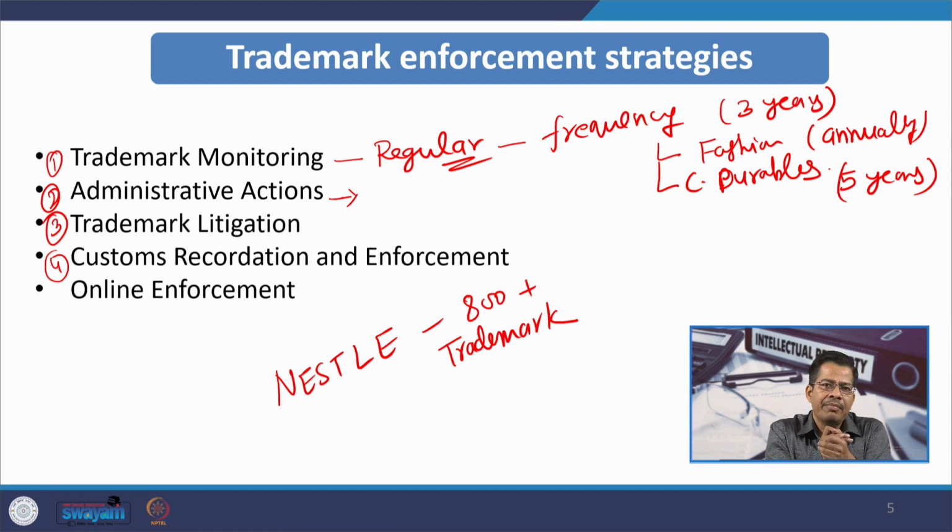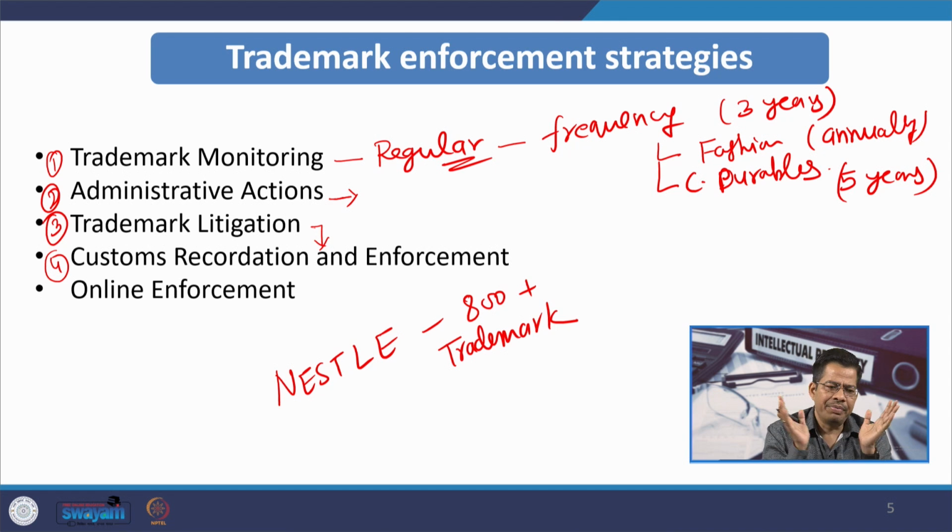Generally you will see that when we are discussing litigation, these litigations are mostly related to global businesses. Your violation may not happen in your own country, but there will be a lot of violations in other countries, and there will be a lot of copy products which will come using your trademarks.